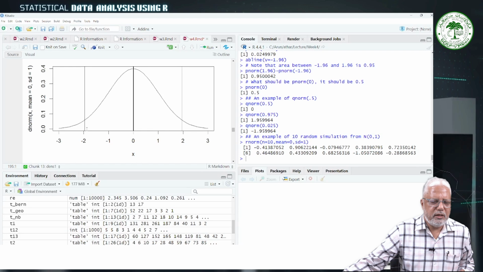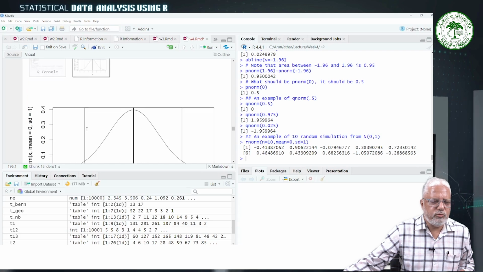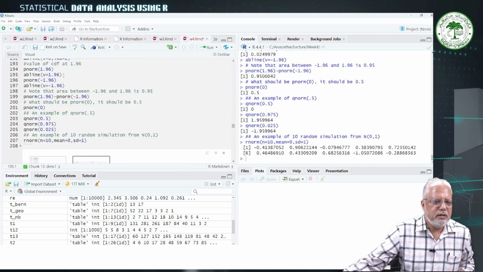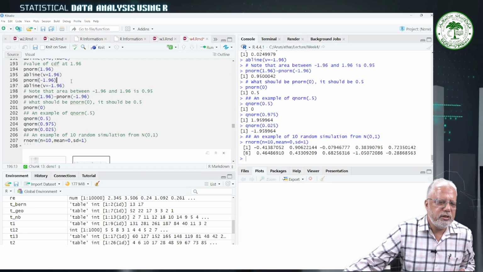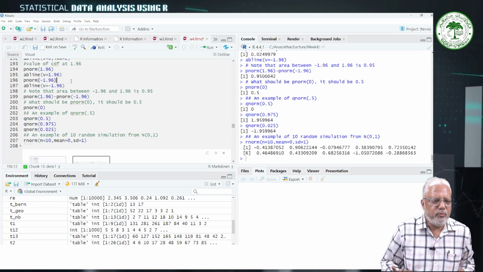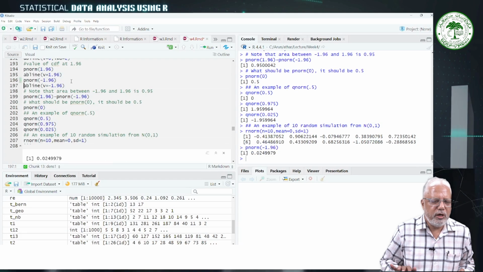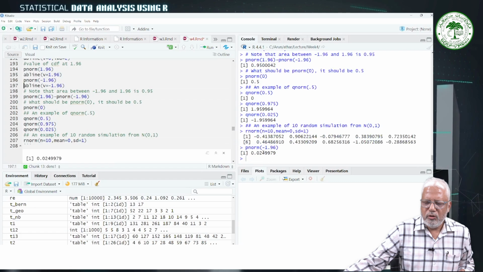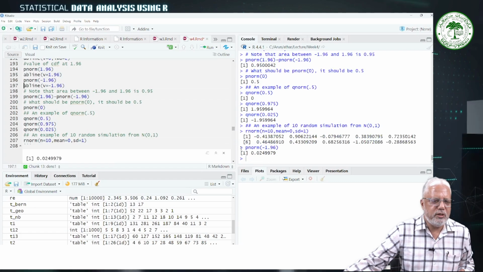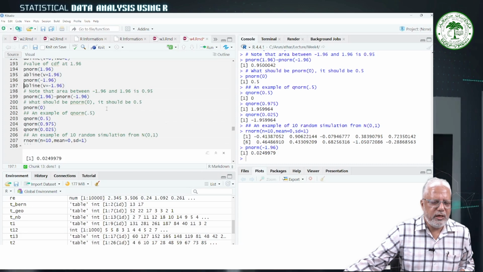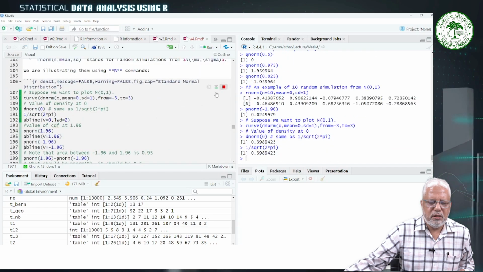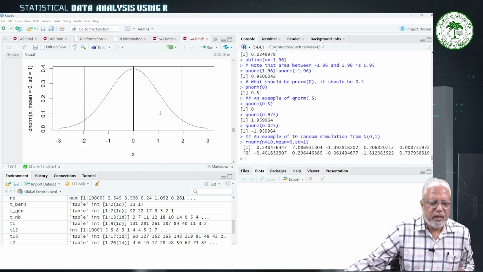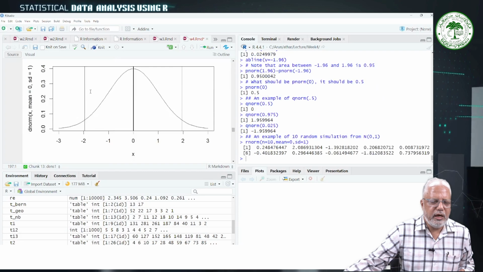Similarly, at v is equal to minus 1.96, we can add a line. Here the probability less than minus 1.96, it is pnorm of minus 1.96, it is 0.025. The command is v is equal to minus 1.96, and here it is minus 1.96.